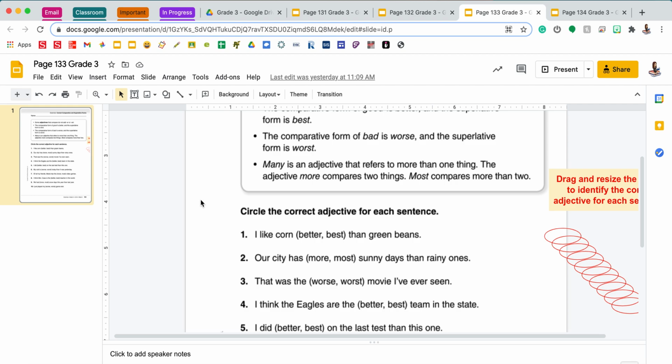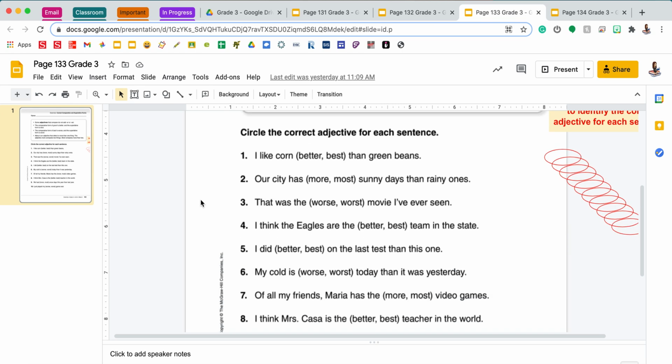Many is an adjective that refers to more than one thing. The adjective more compares two things, and most compares more than two. On this page, it looks very similar to 131. You're dragging the circles to correctly identify the adjective for each sentence.